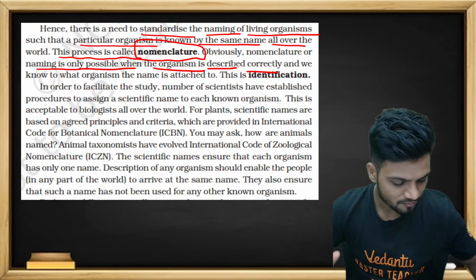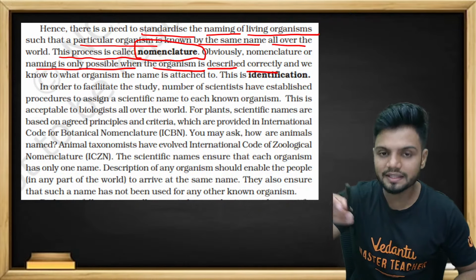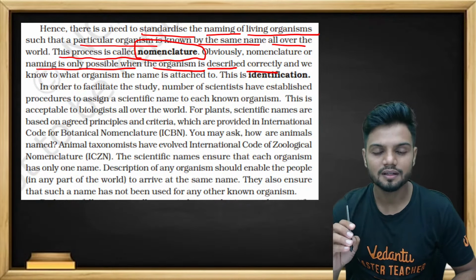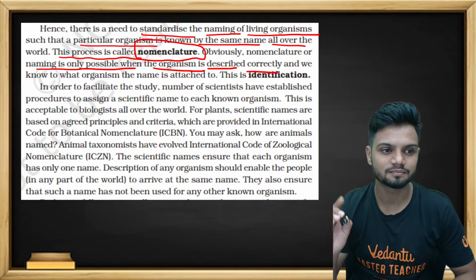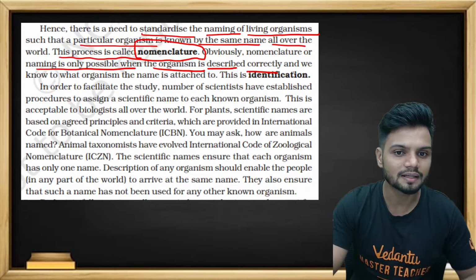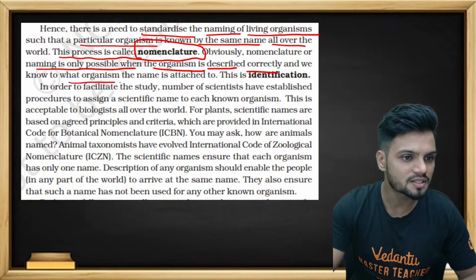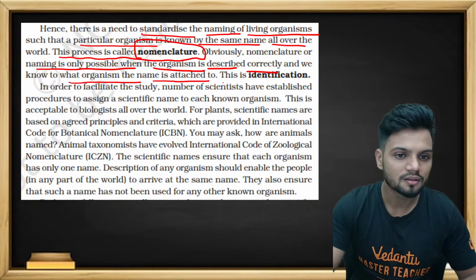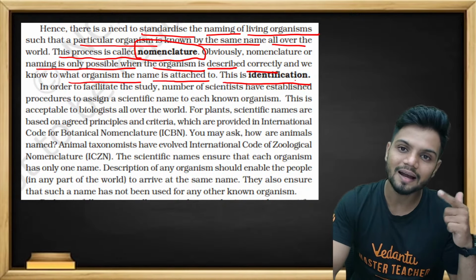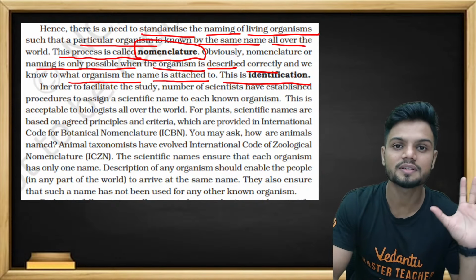Understanding? So I need to identify first. Once you identify, then only you can give it a name. Okay. Now, when the organism is described correctly and we know what organism the name is attached to, this is identification. So before nomenclature, identification will come. You have to identify something.